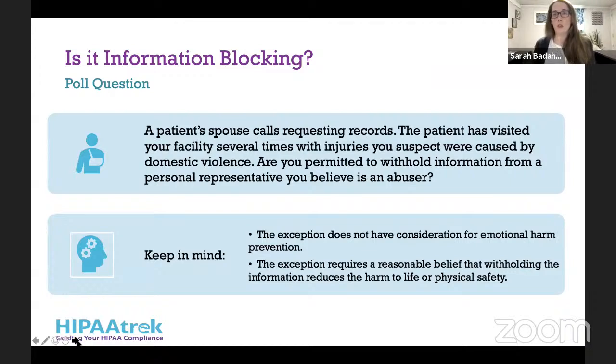At least until you're able to consult with the provider. So if you have a question, you can always say, I'm going to withhold this information until I talk to the provider and get clarification, and then allow the provider to tell you whether or not that release of information would cause risk of harm to life or physical safety. So I think that the folks that answered yes were correct.